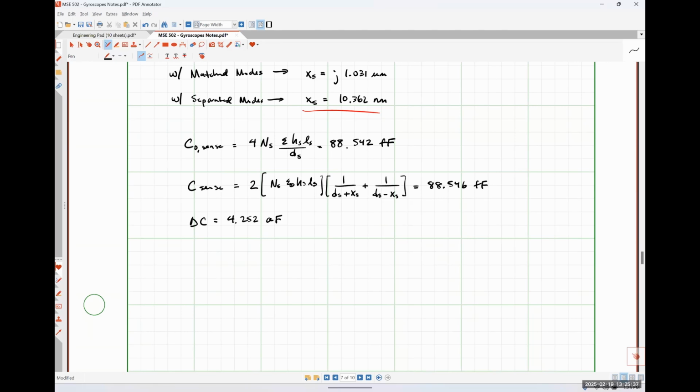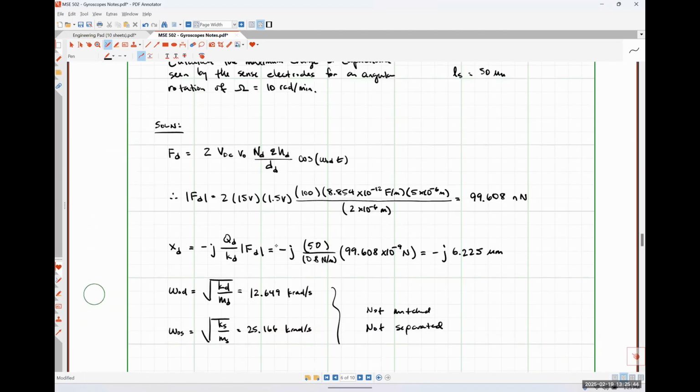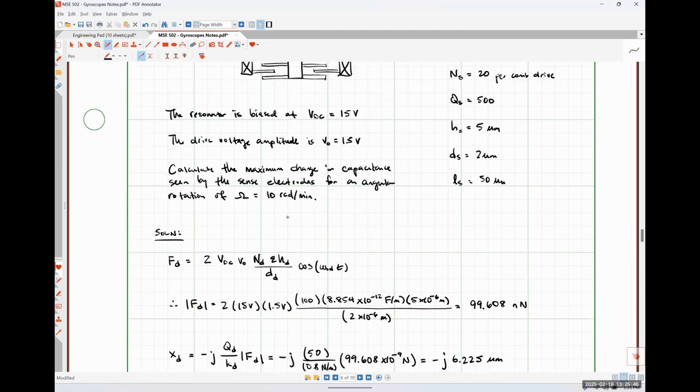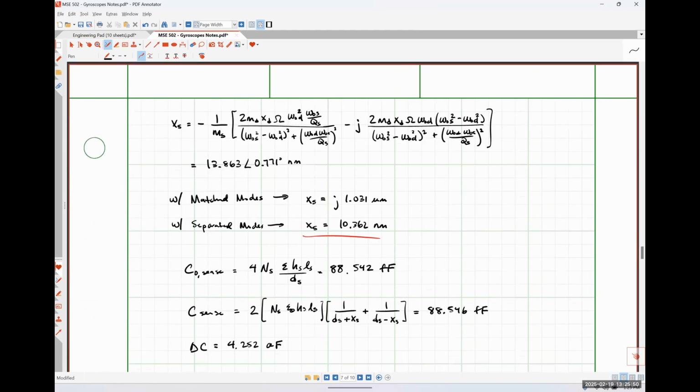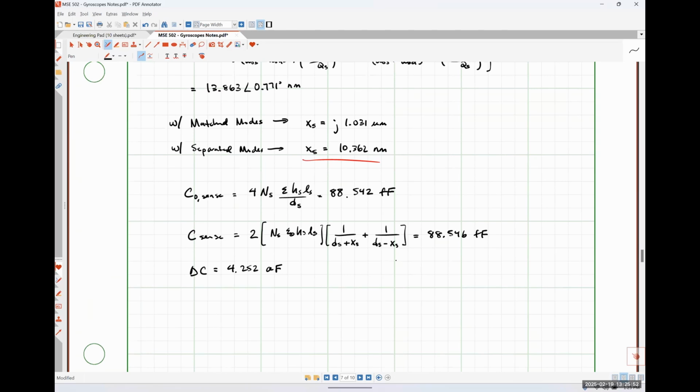So we shouldn't expect to see a huge amount of signal on that because it's fairly slow. If we bumped this guy up to a radian per second or something like that, we'd see a much larger amplitude. Anyway, so that is an example problem showing you how you would do calculations related to a capacitive gyroscope.